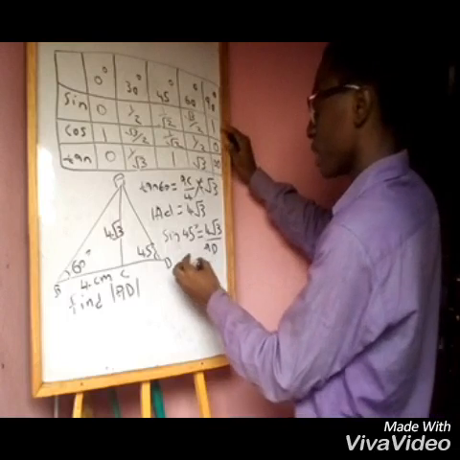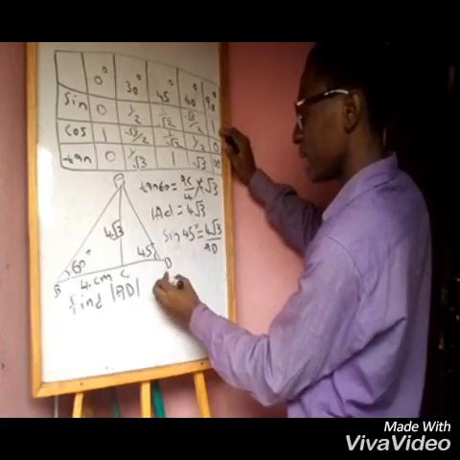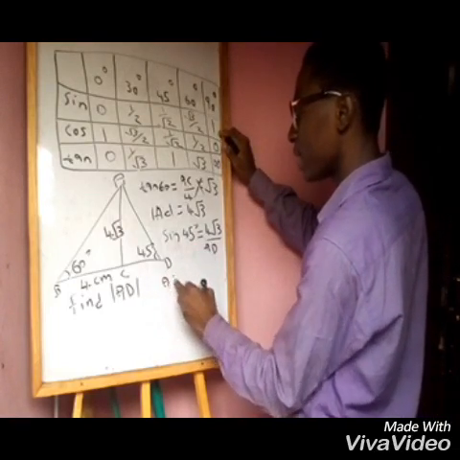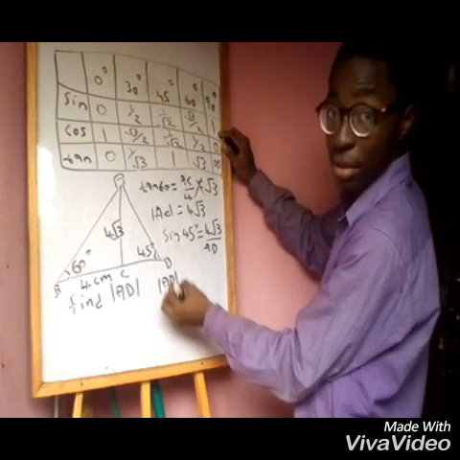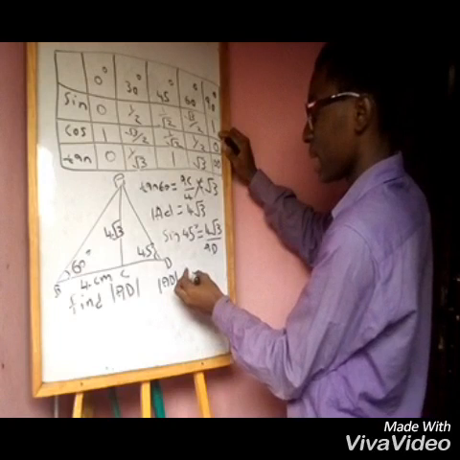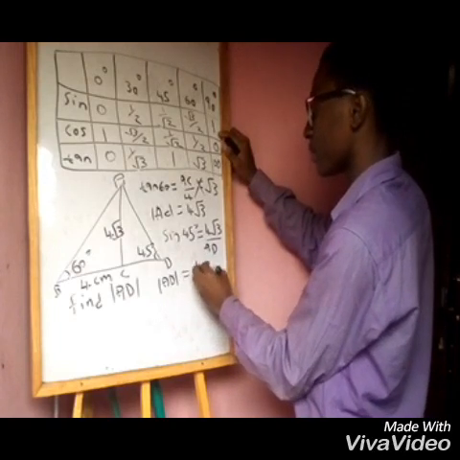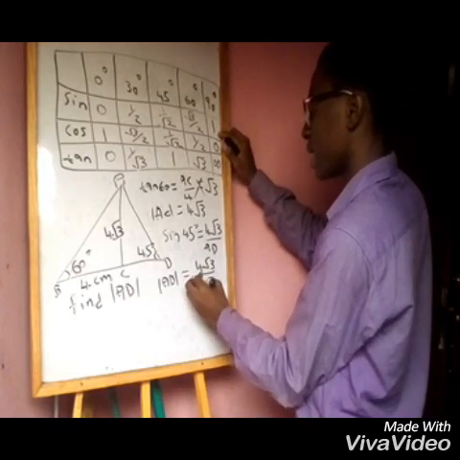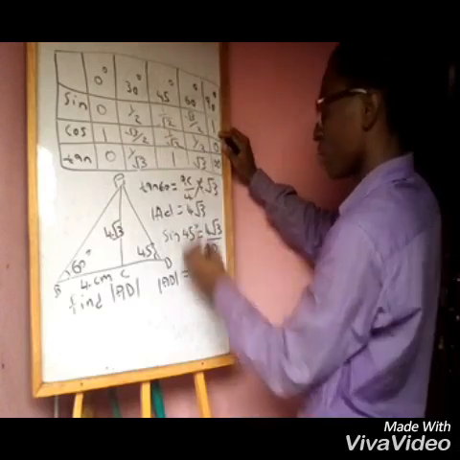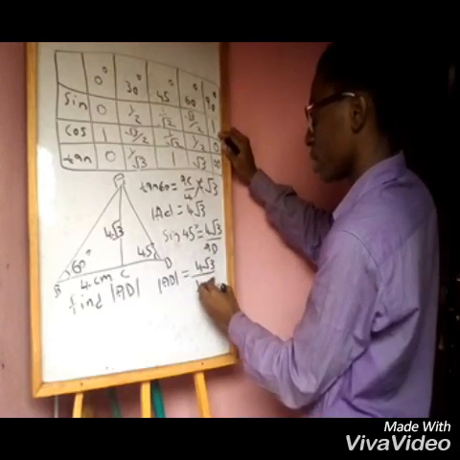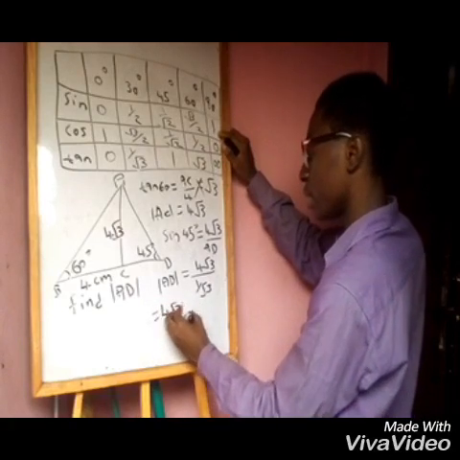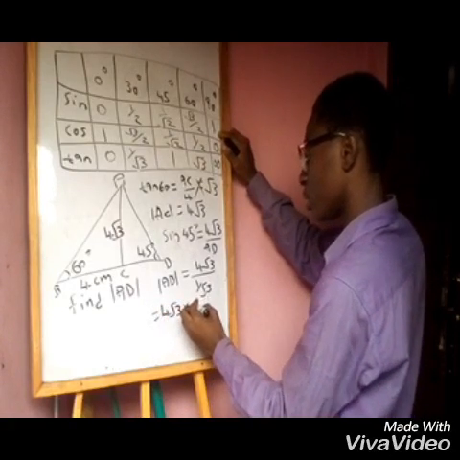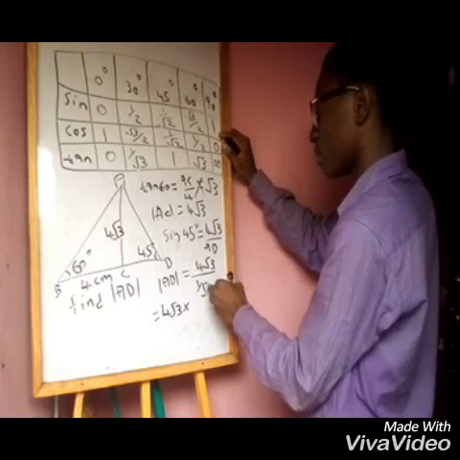So by cross multiplication and division, we have the length of AD, which is denoted like this: AD put in vertical lines. AD is equal to 4 root 3 all over sine 45, and sine 45 is 1 over root 2. So AD will be equal to 4 root 3 times root 2 over 1, not 1 over root 3.